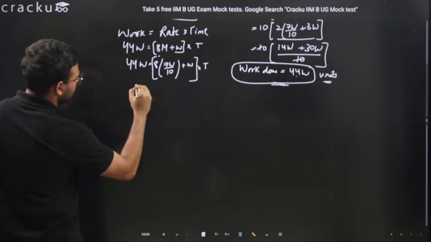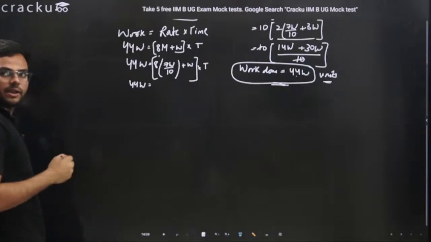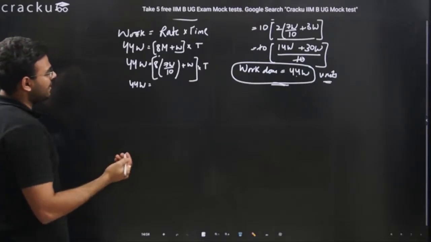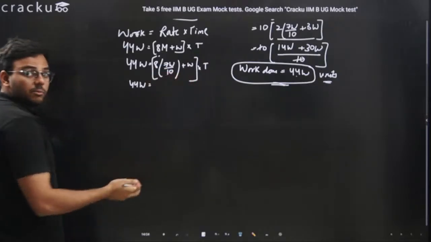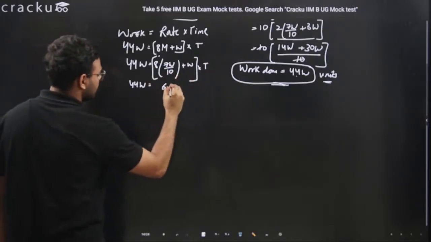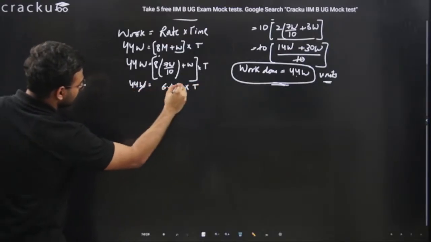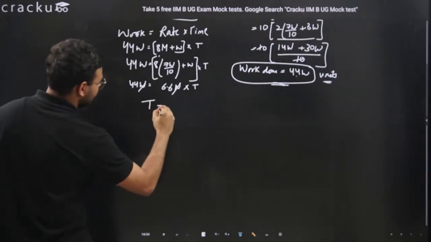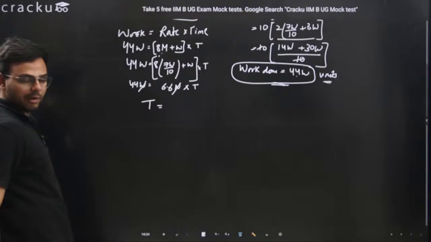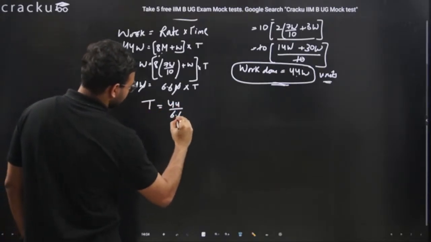This will be 44w is equal to 8 times 7 is 56, divided by 10, which is 5.6w, plus w is 6.6w. So 6.6w into t. Now this w and w will be cancelled, and t, the time taken by 8 men and 1 woman, will be 44 divided by 6.6.